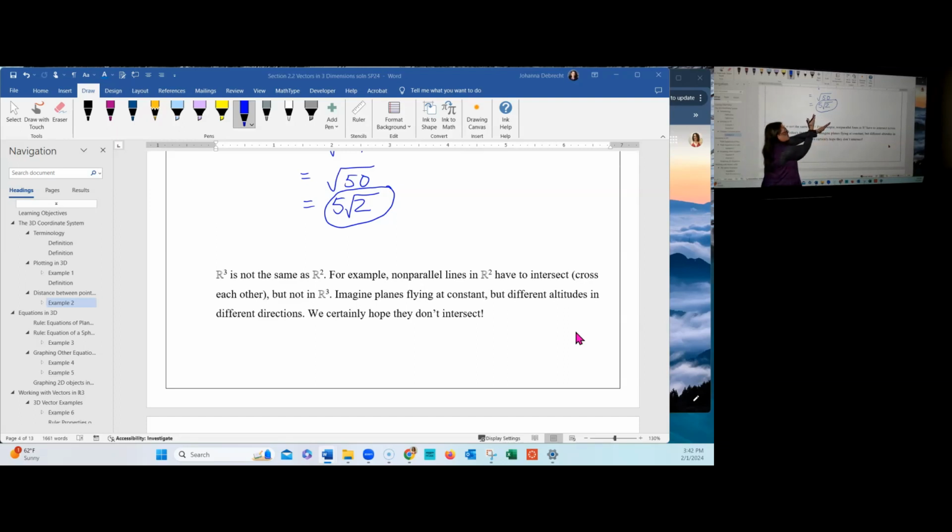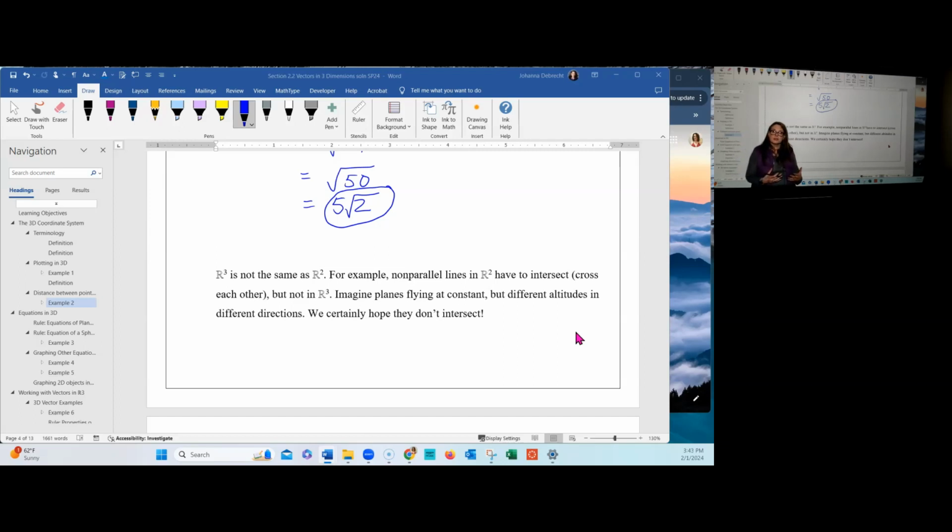Or they could cross, and if they cross, one time and one time only. Or they could be the same line, so they cross at all points on the line, but not anywhere off the line. Those are the only possibilities, all right? If the lines are not parallel, then they have to touch only one time.